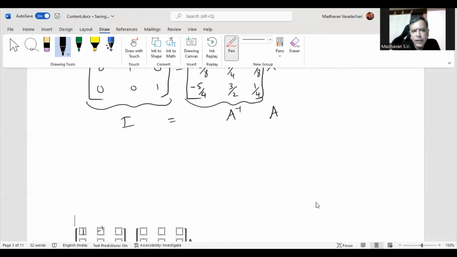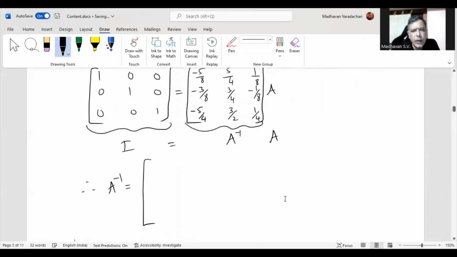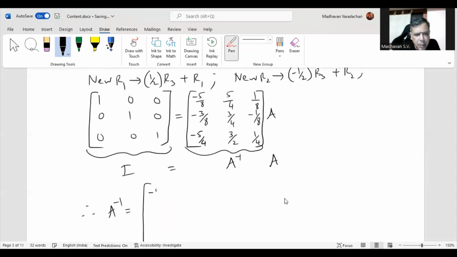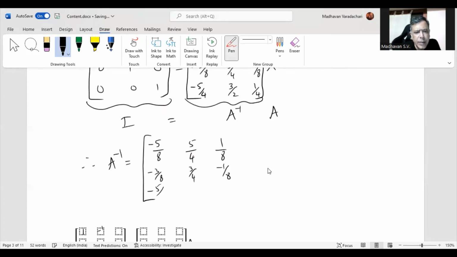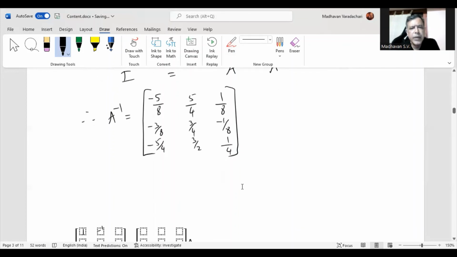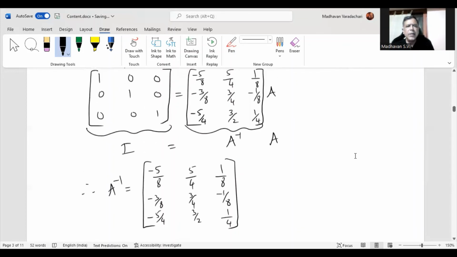So now, therefore, A inverse will be, let's rewrite that: minus 5 by 8, 5 by 4, 1 by 8, minus 3 by 8, 3 by 4, minus 1 by 8, and then minus 5 by 4, 3 by 2, 1 by 4. That will be the inverse of A based on elementary operations using row elementary operations.